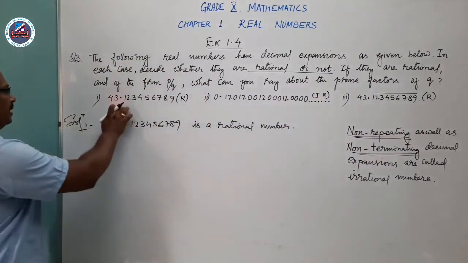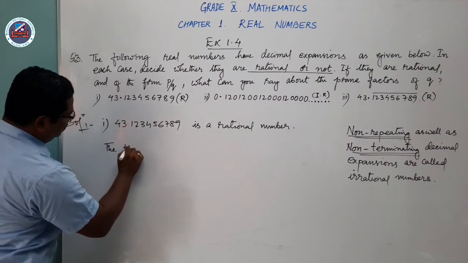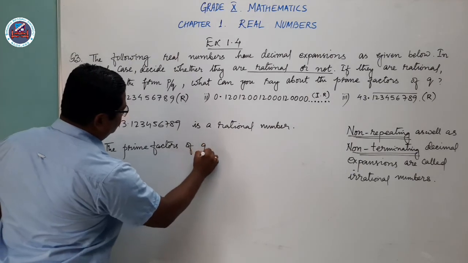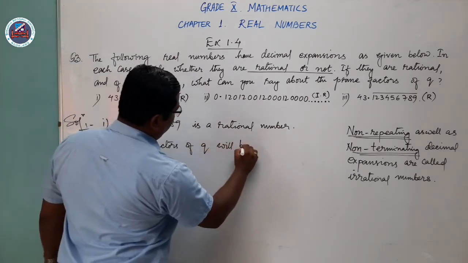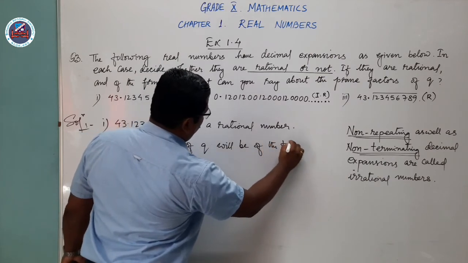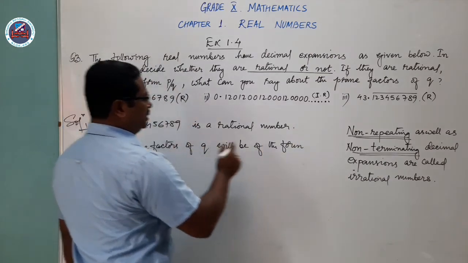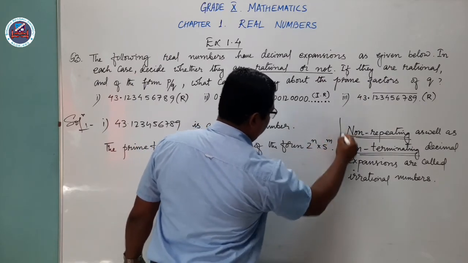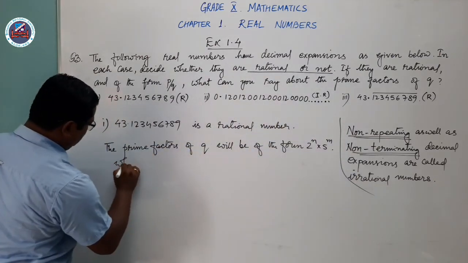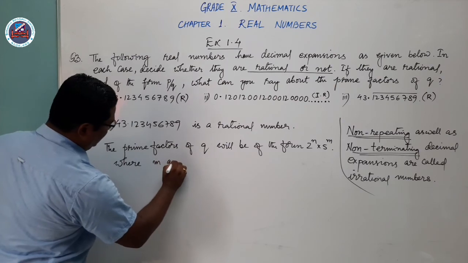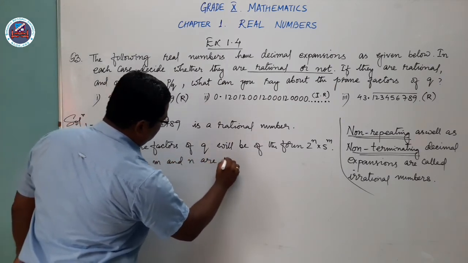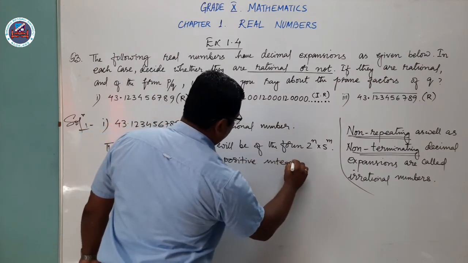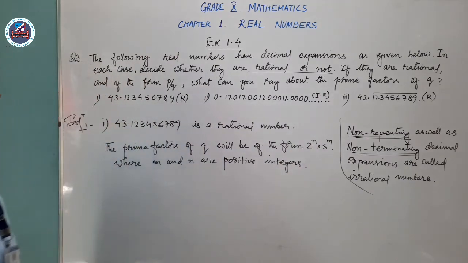The denominator's prime factors will be of the form, since it's a terminating decimal expansion, 2 to the power n into 5 to the power m, where m and n are positive integers. Like this you have to write down.